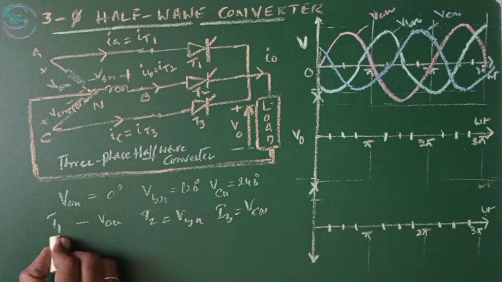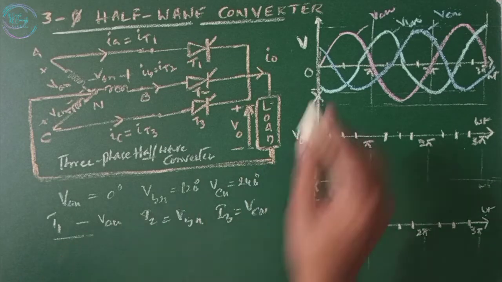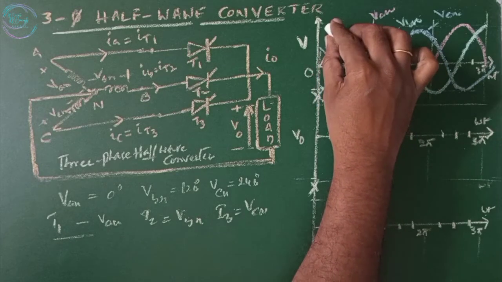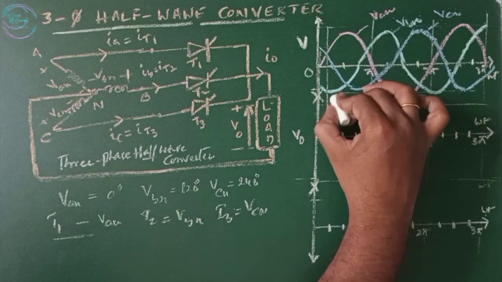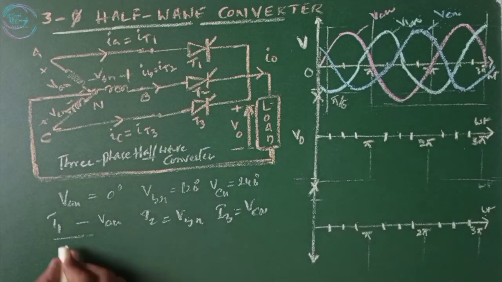So we can turn on the thyristor T1 when VAN is positive. That means we can turn on this thyristor at this time, pi by 6. So we can turn on the thyristor after pi by 6.